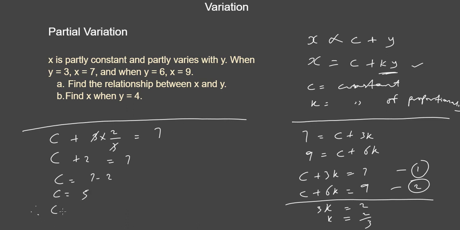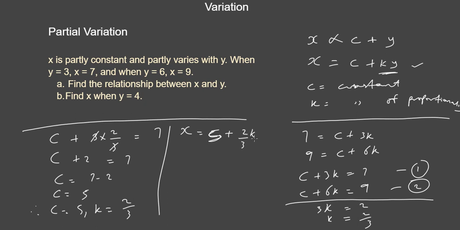Therefore, c equals 5 and k equals 2 over 3. If you plug these constants into that formula, you are going to get x equals 5, which is c, plus 2 over 3 y. So this is now the final formula that connects x and y.